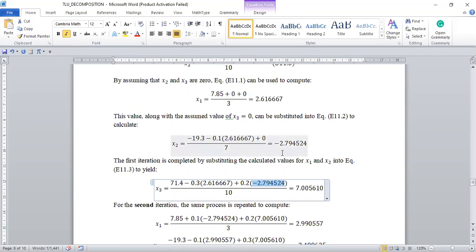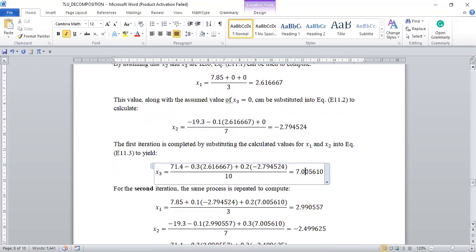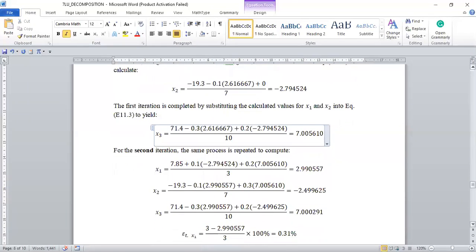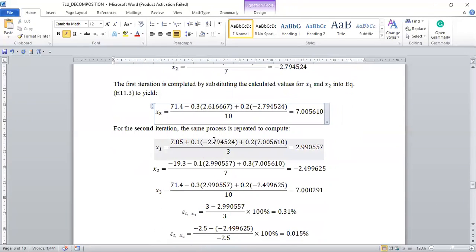So you will not keep updating the values with the new values you are getting. You're just going to put in a single value throughout. So you're going to get your x1, x2, and x3. So for the second iteration, the values you got in the first iteration, that's what you're going to put in here. They are the same values you got for your x1, x2, and x3.